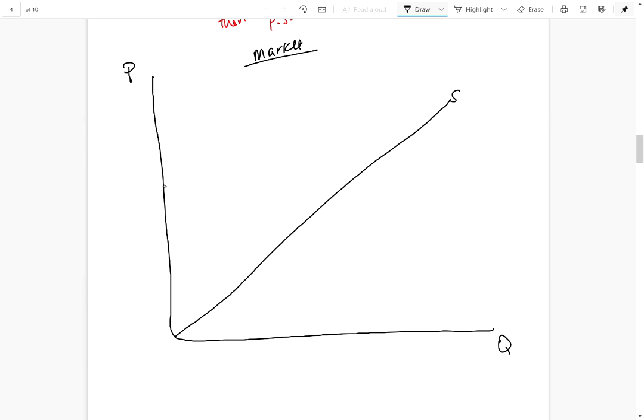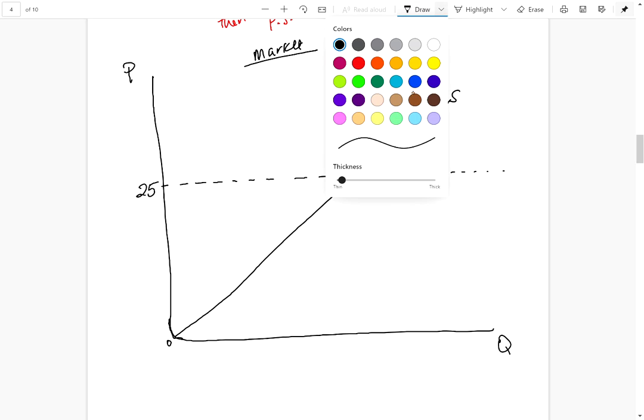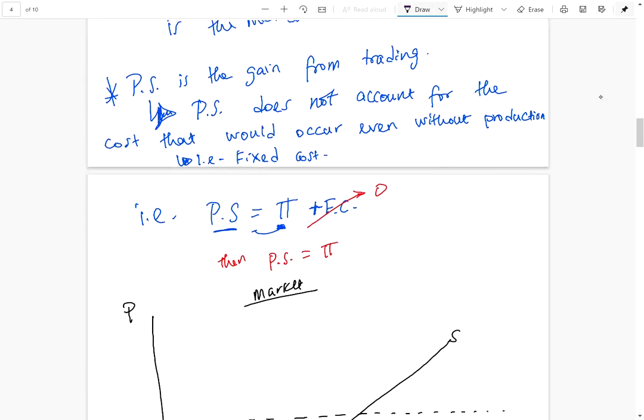So let's assume that in this market, price is different market. Actually, let's be consistent. So this point here is 0. The price in the previous market was 25, so let's do 25 here. So producer surplus, just make sure we're consistent with the color.